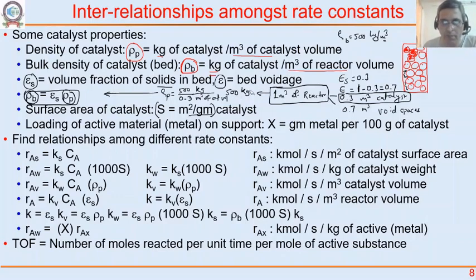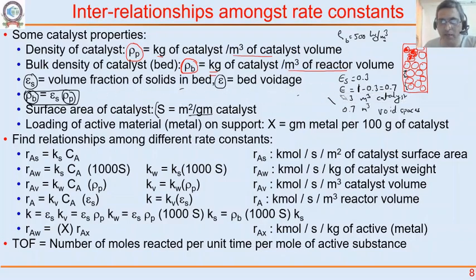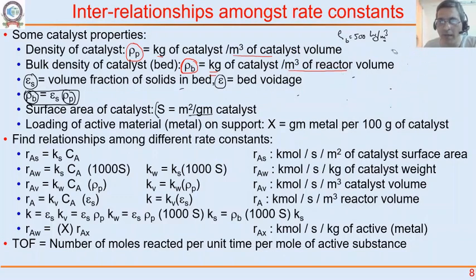Now many times, for example in hydrogenation reactions, the entire surface area of the catalyst is not active. The catalyst offers surface area only as a support to accommodate the active sites. For example, with palladium on carbon or platinum on carbon, the carbon is acting as a support and the palladium metal is acting as the catalyst for the hydrogenation reaction.